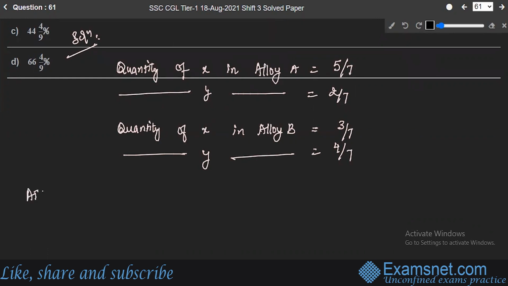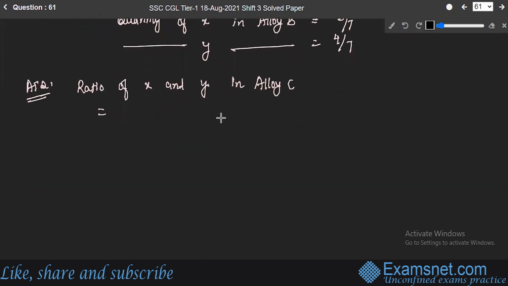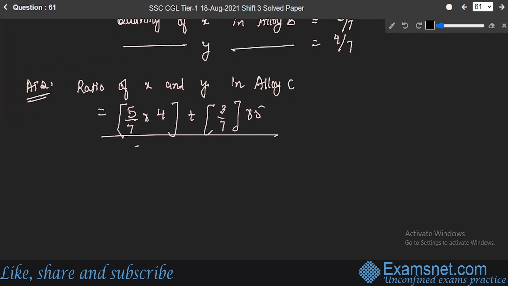Then, according to the question, the ratio of X and Y in alloy C is 5 by 7, that was the quantity of X in alloy A, multiplied by 4, plus 3 by 7, the quantity of metal X in alloy B, multiplied by 5, upon 2 by 7 into 4 plus 4 by 7 into 5.